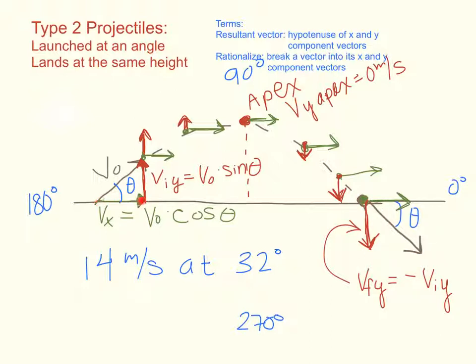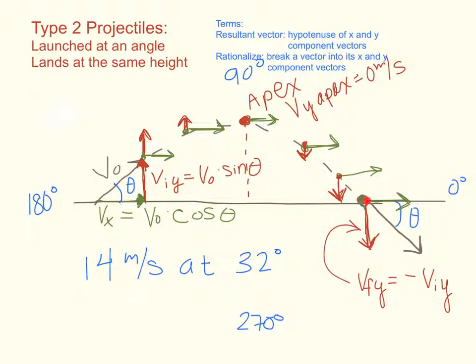However, my x velocity stays the same the whole time. Up here at the apex, we only have a horizontal velocity. And then down here, the horizontal velocity is still the same, so that means when we find the resultant between our x and y vectors, this size vector here will be equal to this size vector, but instead of pointing up into the first quadrant, it's actually pointing down into the fourth quadrant.